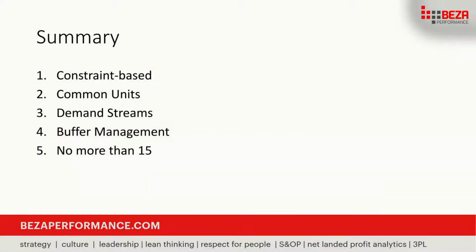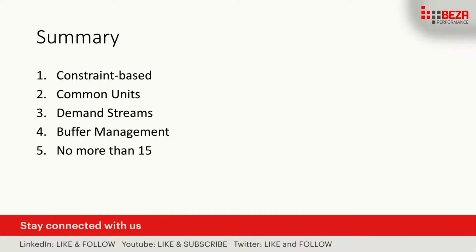Yeah, I don't want to assume the family piece is right. That's why I thought it was a pretty good one to come out. So your takeaways from this really should be, and if you pull that up, maybe just to summarize this. From a family perspective, number one, and probably most important, should be constraint based. You've got to use common units across sales and operations. You need to have some way to accommodate and improve your demand planning, and those demand streams are the way to do that.